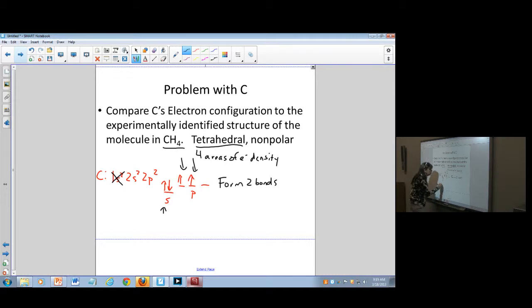But this is filled. I can't get another electron to go in there, and there's no electron here. And so the most bonds we could form in carbon under our theory would be 2 bonds. But we know from experimental evidence that it's tetrahedral. So that causes some difficulties, of course.